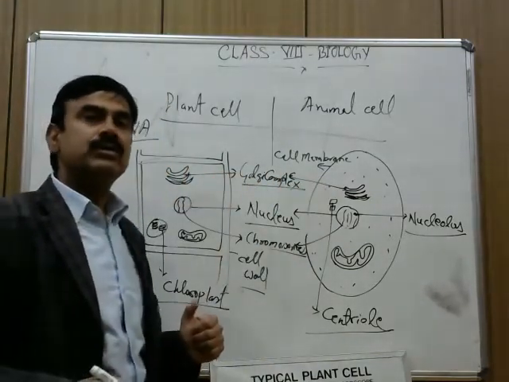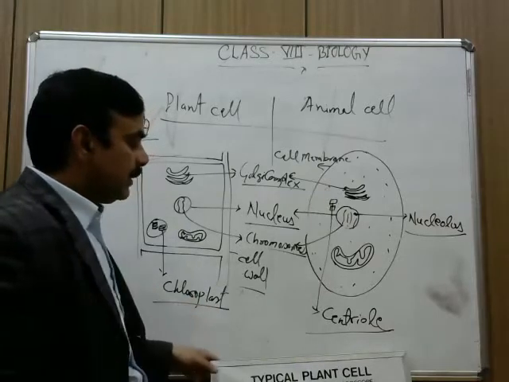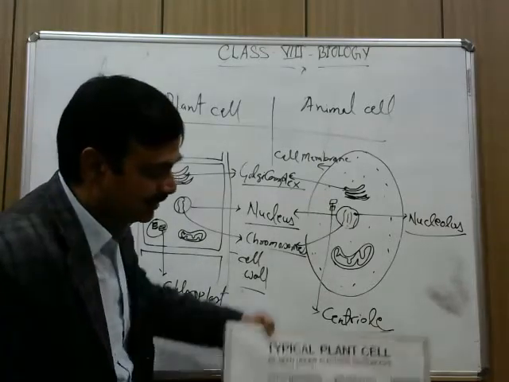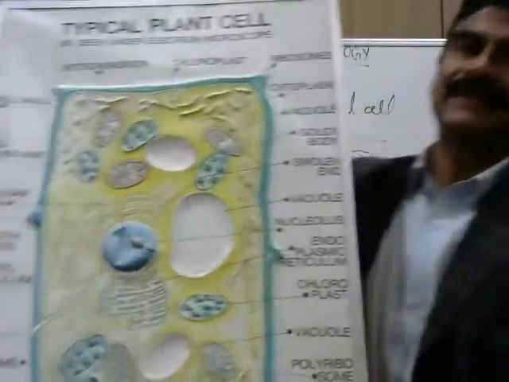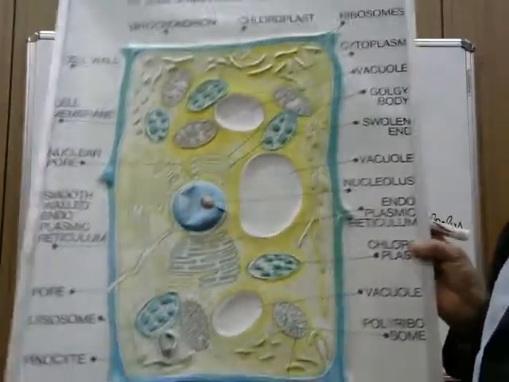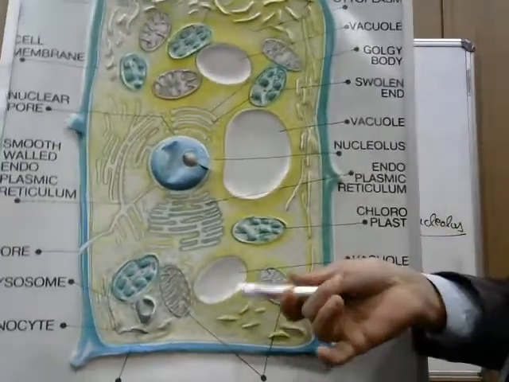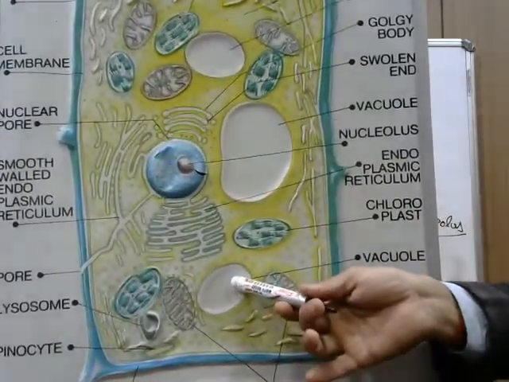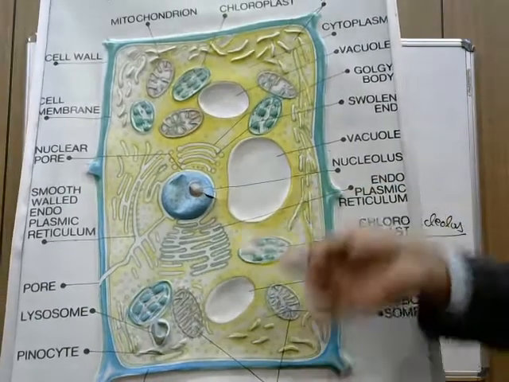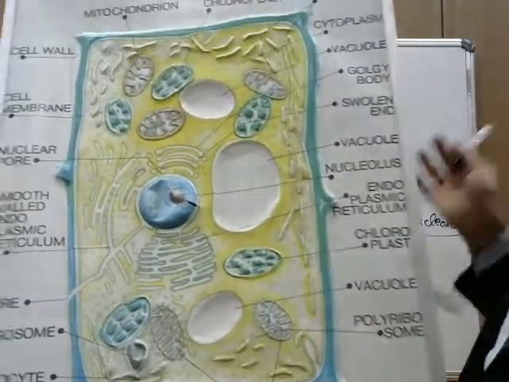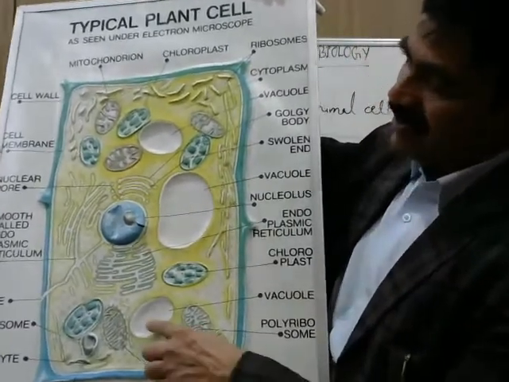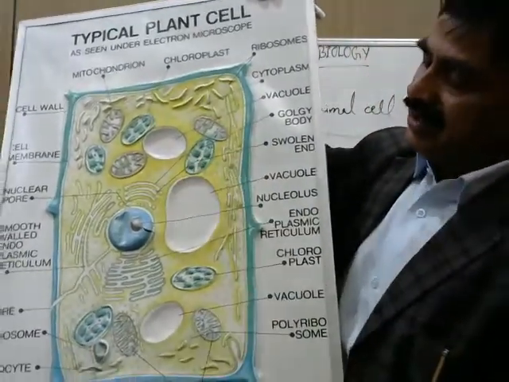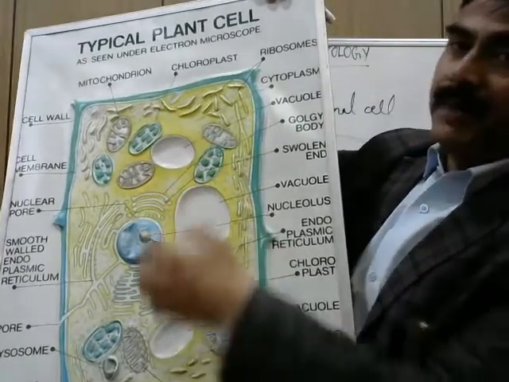I want to also show you the typical plant cell. Look at this, the typical plant cell. One thing you are watching here is these structures, vacuoles. Look at 1, 2, 3. The vacuoles are larger in the plant cell. Can you see here the food vacuoles are bigger in shape and size?